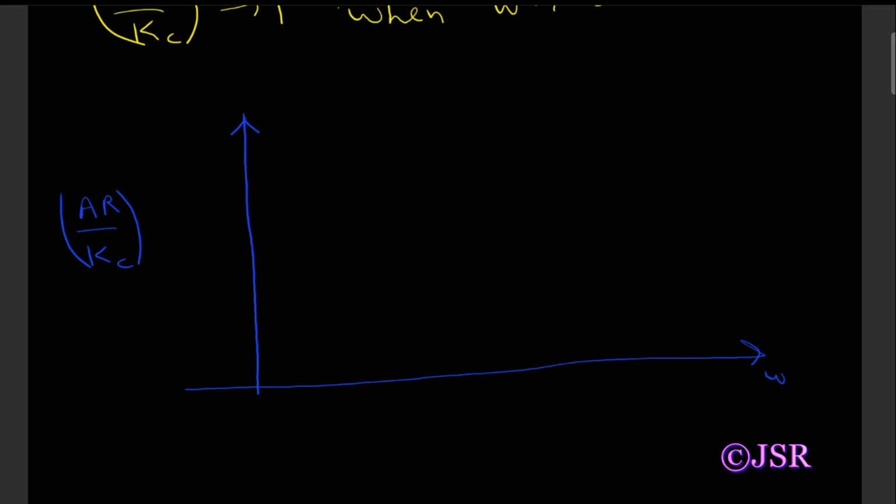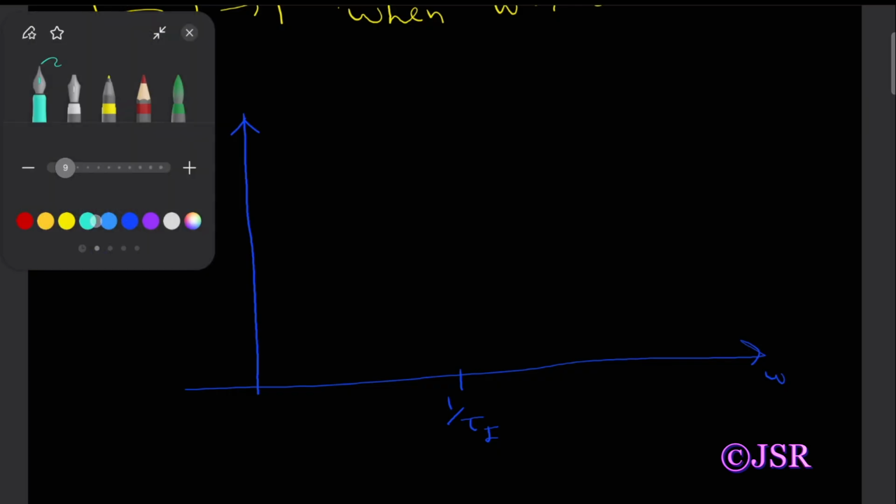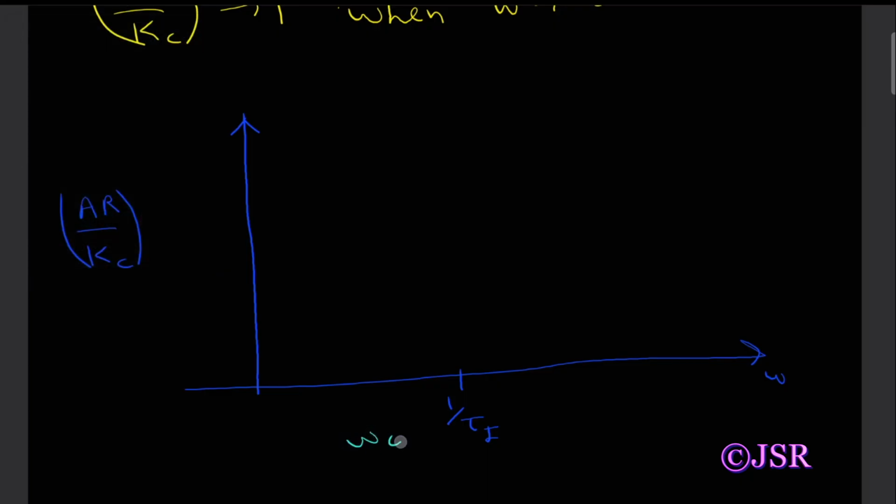So when omega tau equal to 1, when omega equal to corner frequency, the corner frequency will be 1 upon tau I, and this will be your corner frequency.